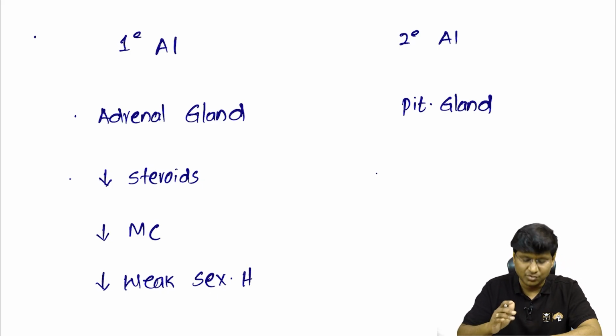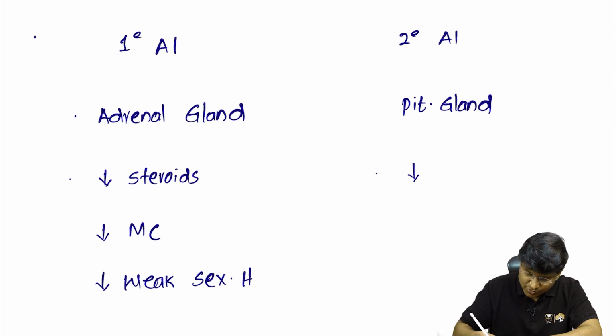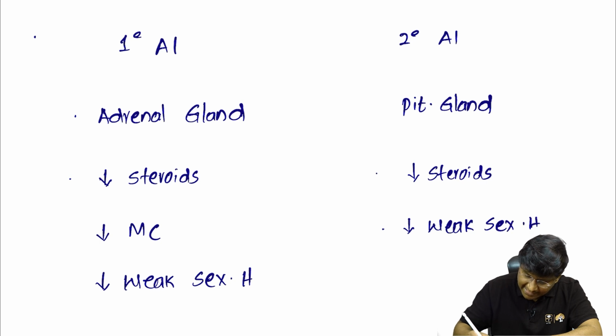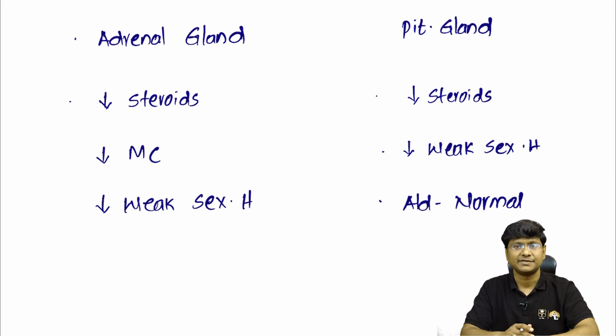Whereas in secondary adrenocortical insufficiency, it is only decrease in steroids as well as decrease in the weak sex hormones, whereas the aldosterone levels will remain normal, right? The aldosterone levels will remain normal in secondary adrenocortical insufficiency.